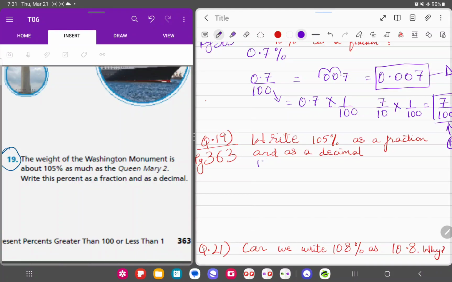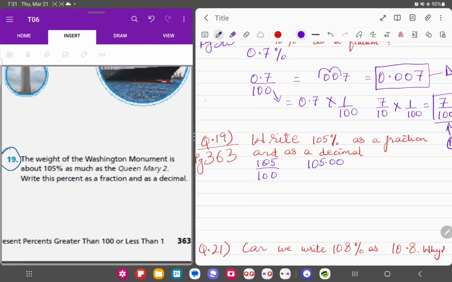So I will write 105% as 105 over 100, correct? Now 105 over 100, when you convert it to decimals, I know 105 is the same as 105.00, right? But we don't write 105.00 because that doesn't make a difference.